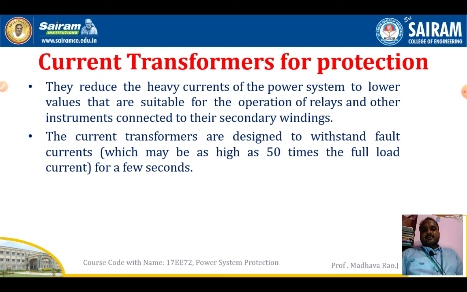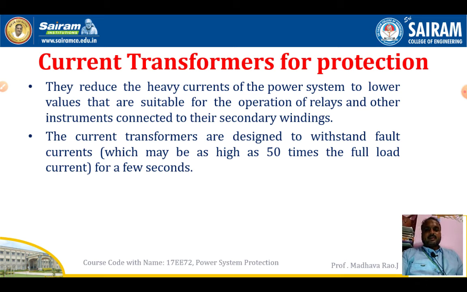So why is it used in the current transformer, we will see here. It reduces the high currents of the power system to lower values that are suitable for operation of relays and other instruments connected to the secondary windings.